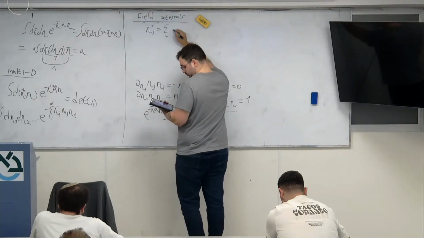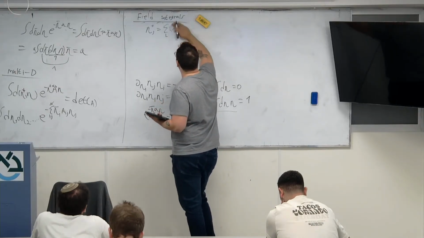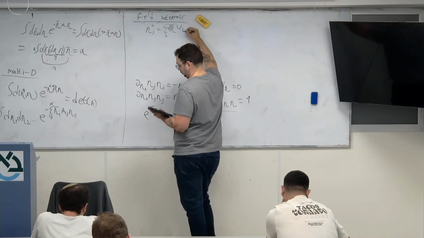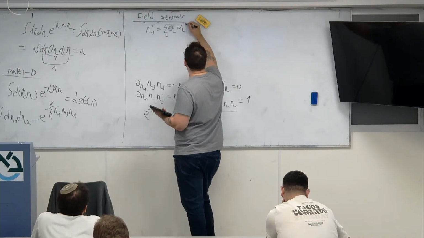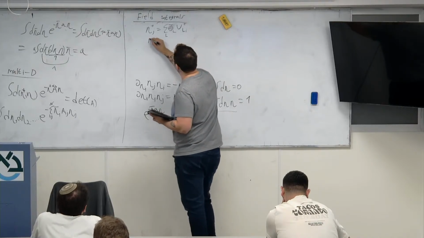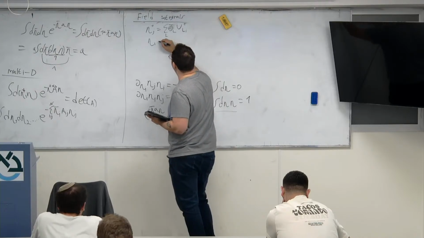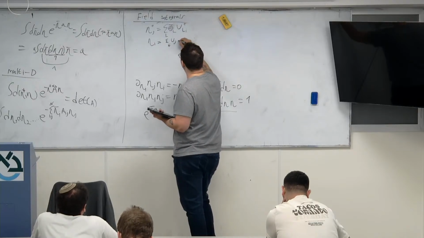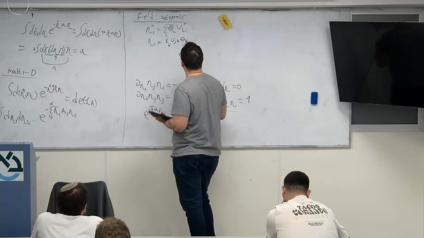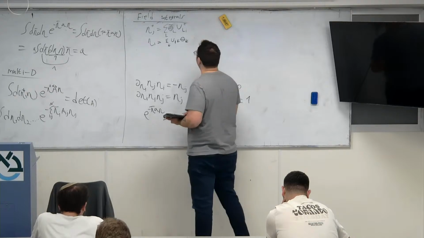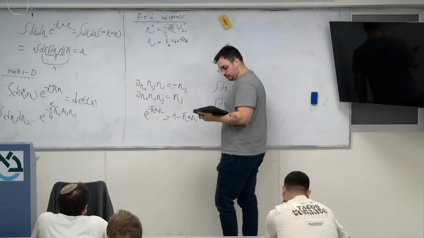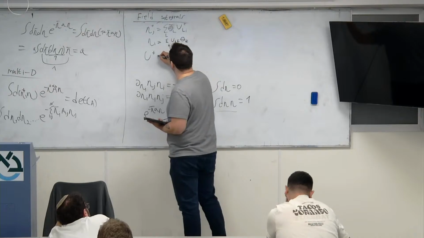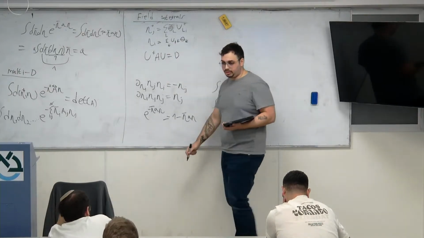Theta j dagger equals the sum over l of theta l conjugate U li, and eta i equals the sum over k of U jk theta k, where U will be unitary matrices, such that U dagger A U equals some diagonal matrix.